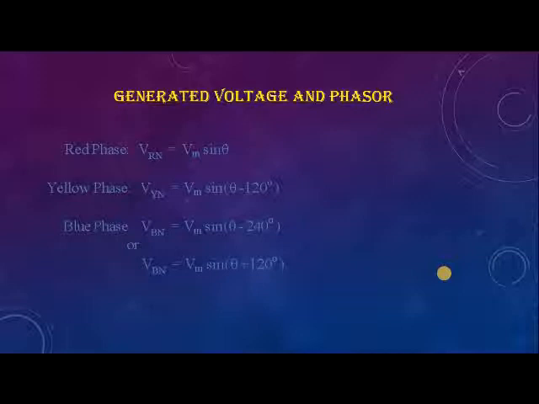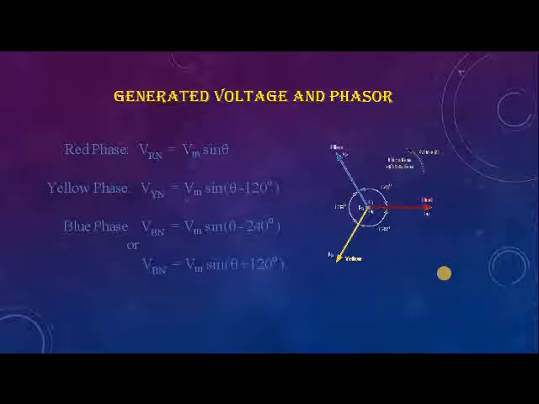Clear? So how to represent it using phasor? Normally R phase is taken as reference. So that red phasor denotes A phase or R phase. Y denotes B phase or Y phase, and blue denotes C phase or B phase. So RYB, or we can call it ABC.